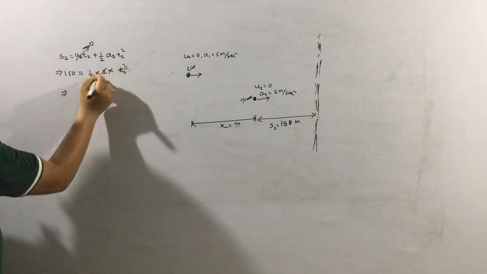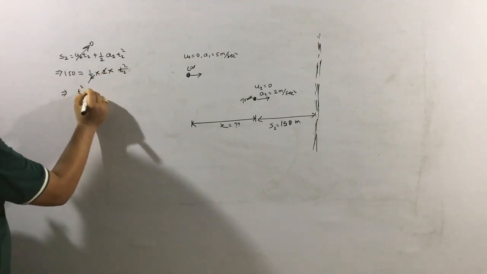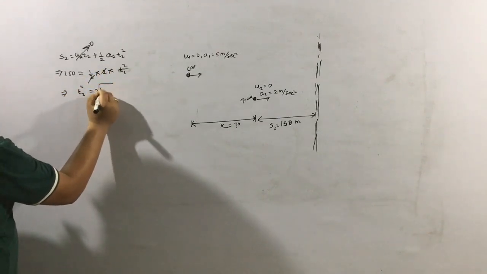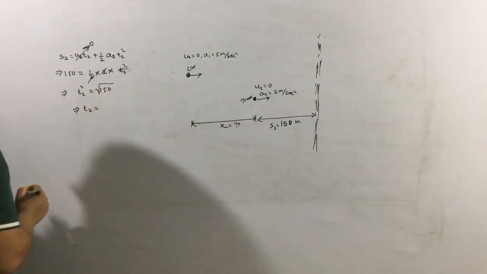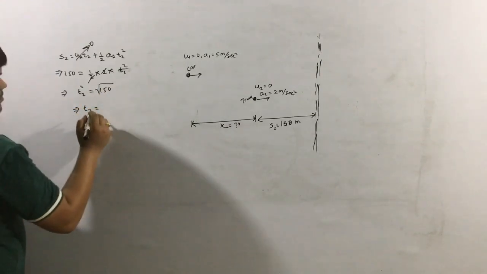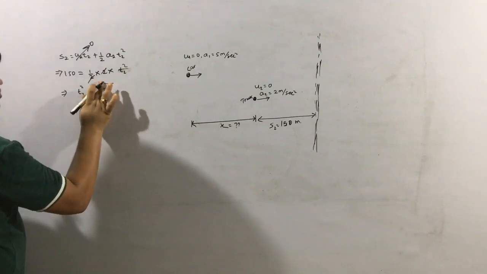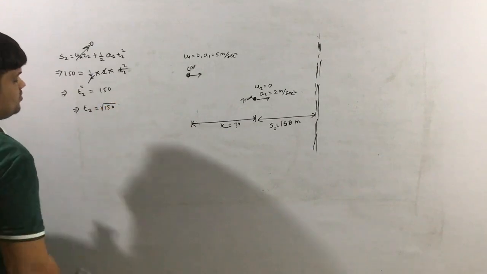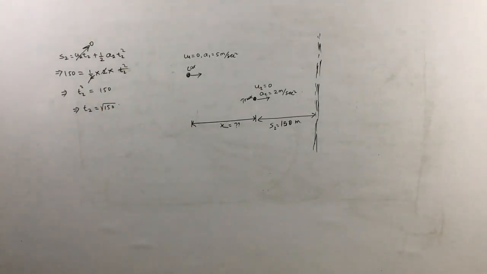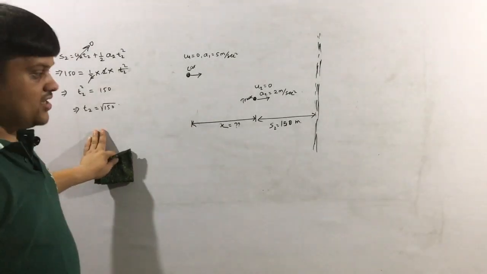So t2 square equals 150, and t2 will be equal to root over 150. Plus or minus is not possible here because it is time, so you have to write it as plus only. So this is the time taken. This was the first part.